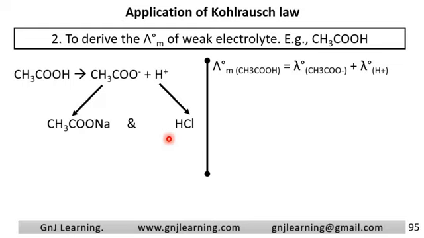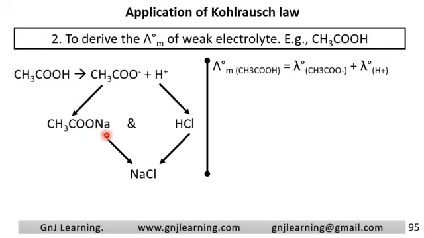Now he chose the two ions which are not common to acetic acid inside these two electrolytes, that is Na from here and Cl. This is in this salt but not in the acetic acid. So he selected that Na and Cl, and it is NaCl. So he now has three strong electrolytes.